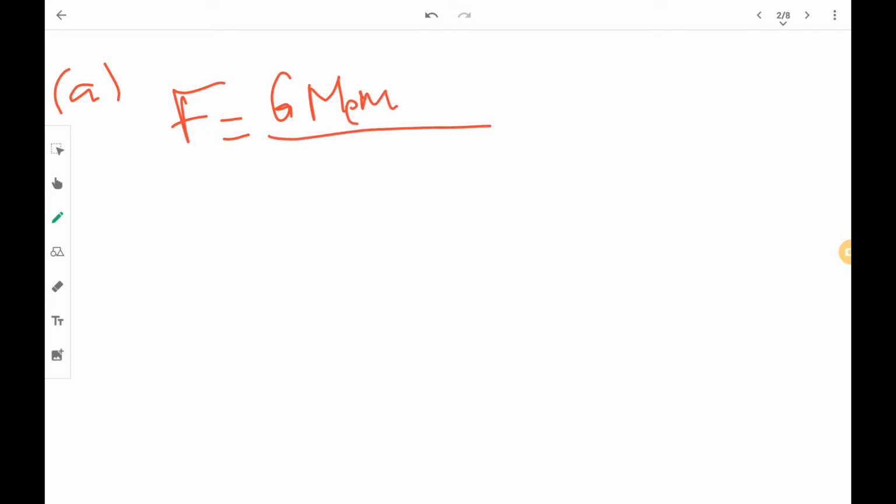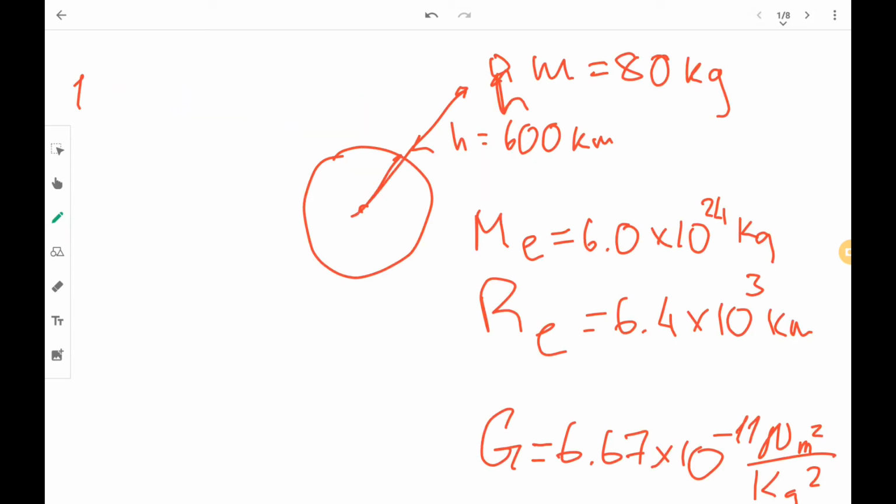So to find the gravitational force on the object, we use F equals G, the mass of the Earth, the mass of the object or the person, over the total R squared, which is the radius of the Earth plus h, which is 6.4 times 10 to the power of 3 plus 600.